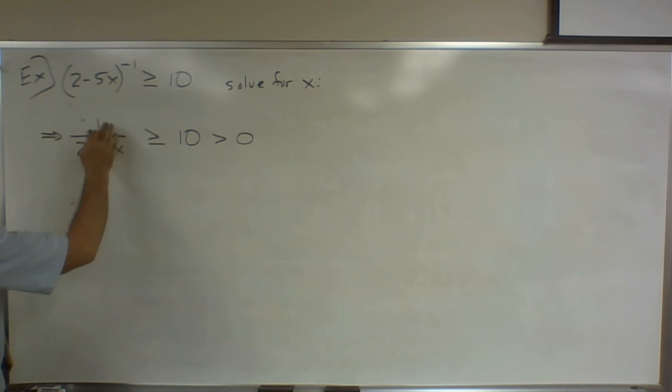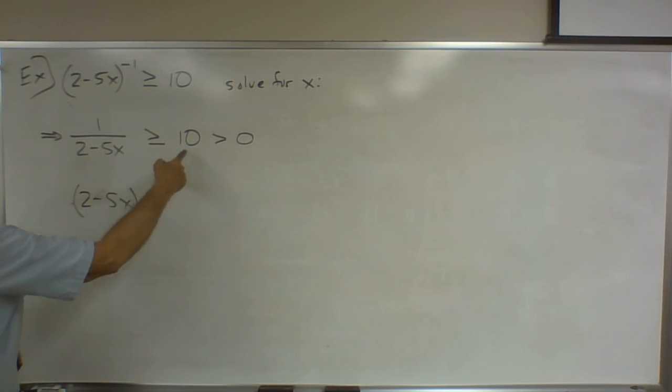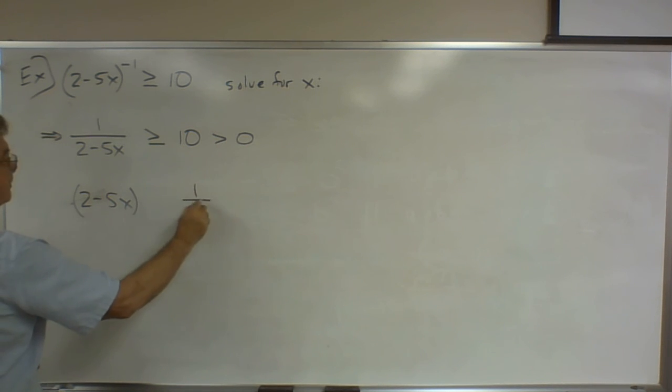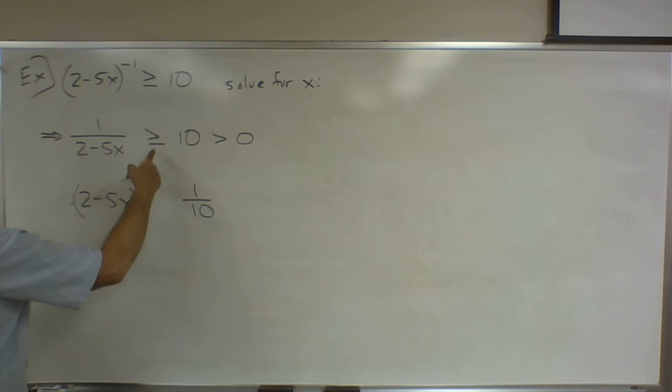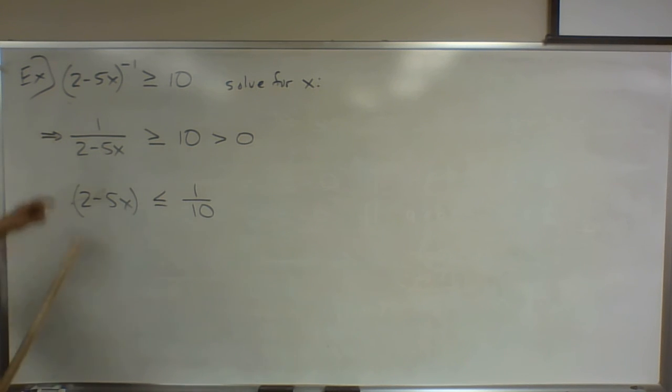The reciprocal of this thing is just going to be 2 minus 5x. The reciprocal of this thing is going to be 1/10. And the sign is going to flip. The larger number here will have the smaller reciprocal.